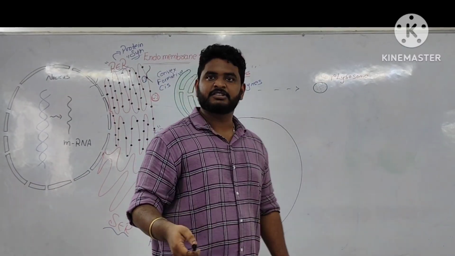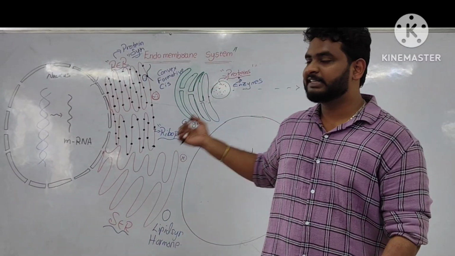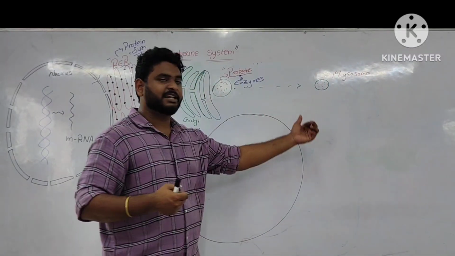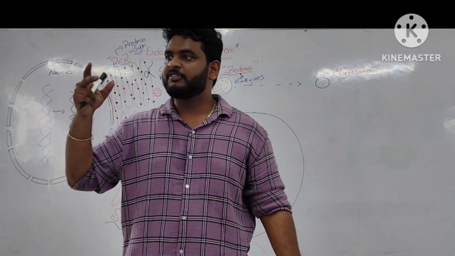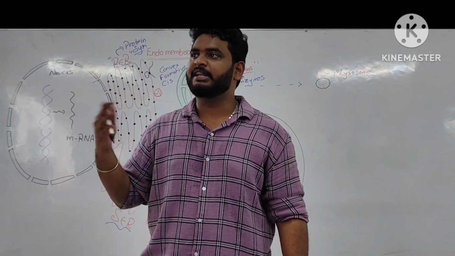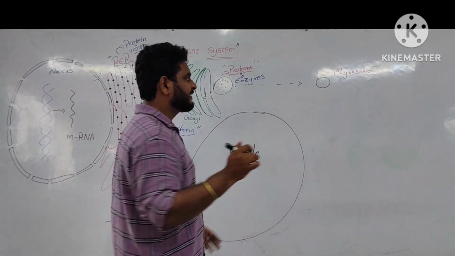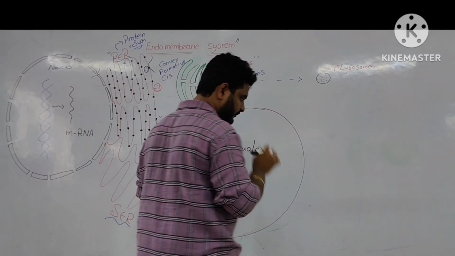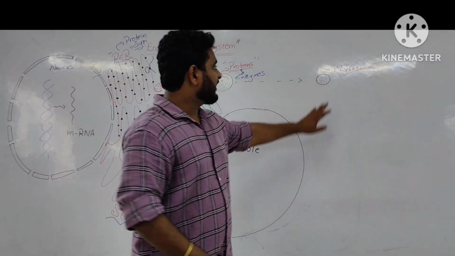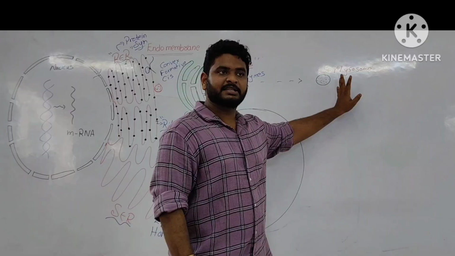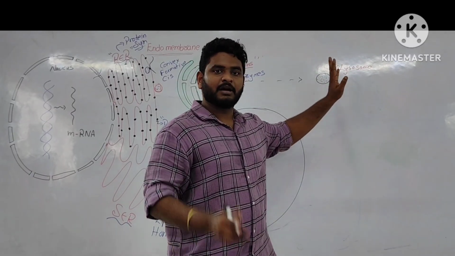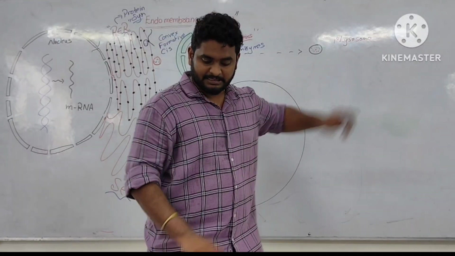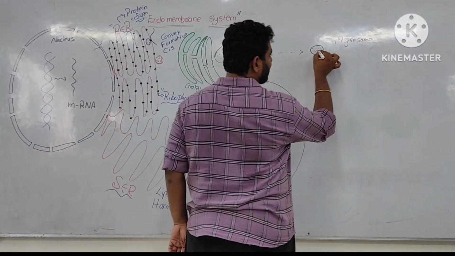Now what does it do? Whenever you get an infection by a bacteria or virus, these lysosomes will try to eat them. According to this lysosome, that particular matter, whether bacteria, virus or anything else, is nothing but food. I am representing food with black color, right? When the secretory vesicle is containing only the enzymes, these enzymes are also not simple enzymes.